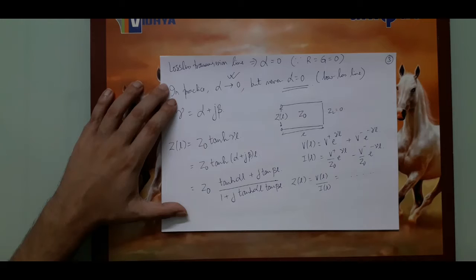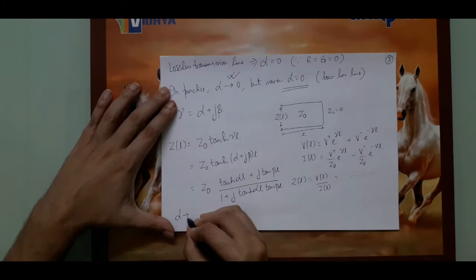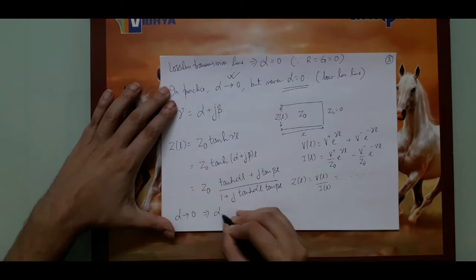Now for a low loss line, we know that alpha tends to 0, which implies even alpha L tends to 0.